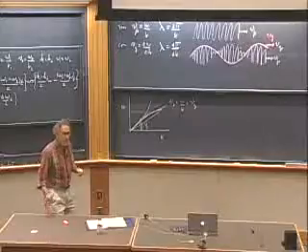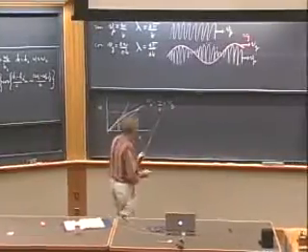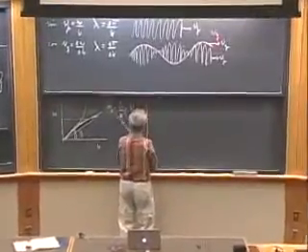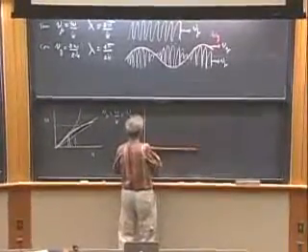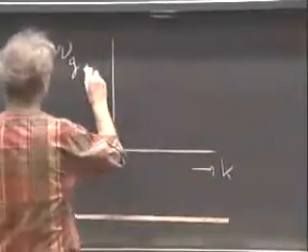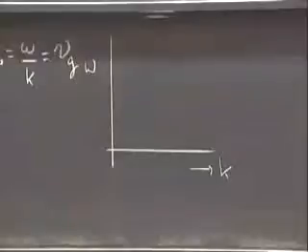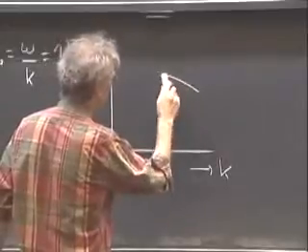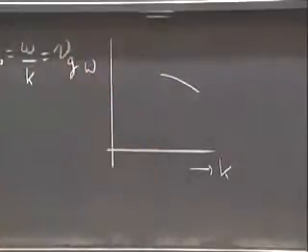It is even possible in physics, but it is a rare case, that you have this situation. And I will demonstrate it to you, but it's a computer simulation. So it's always easy to do that on a computer. It is even possible that there are parts of the omega-k diagram which go like this. They may go up here, but they go down again.